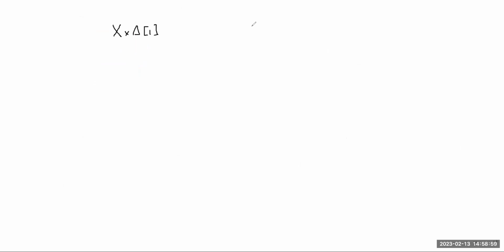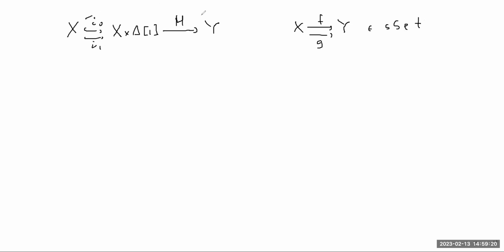If we have two maps X to Y, they are homotopic if we have some map, in simplicial sets, such that one inclusion gives me F and the other inclusion gives me G. I didn't describe this in detail. This definition in topological spaces is a good definition, it is an equivalence relation, but here it's not an equivalence relation.